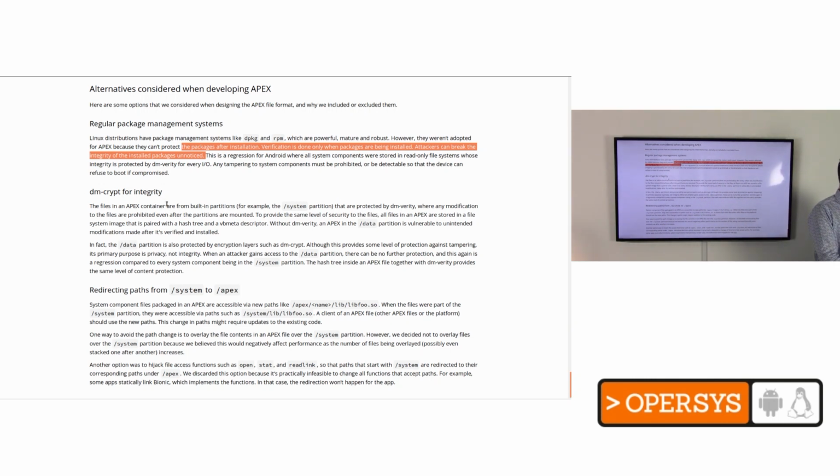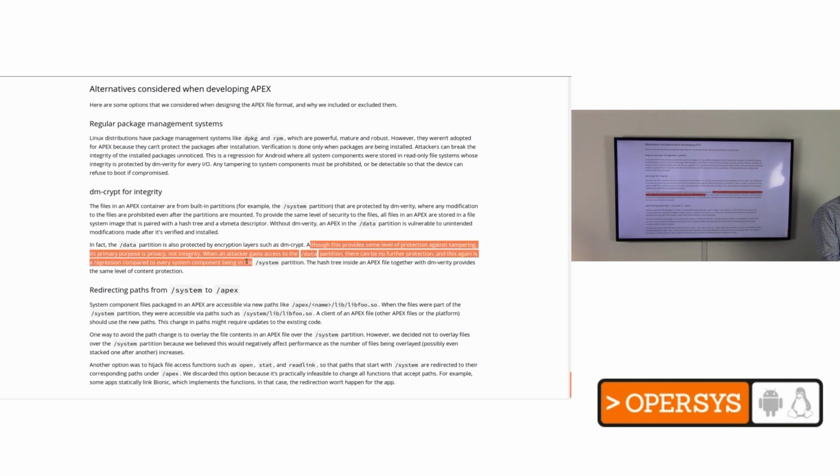Dm-crypt: effectively the idea is, why not just install stuff in an encrypted directory and use that? They make a good point here that by itself dm-crypt is not a guarantee of integrity. Although this provides some level of protection against tampering, its primary purpose is privacy, not integrity.